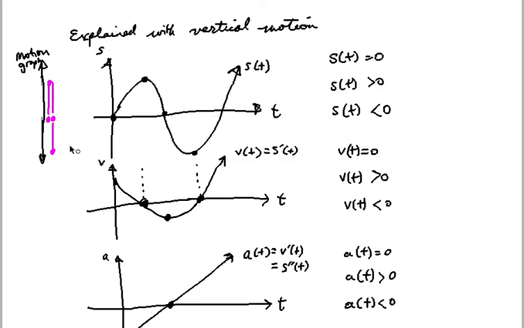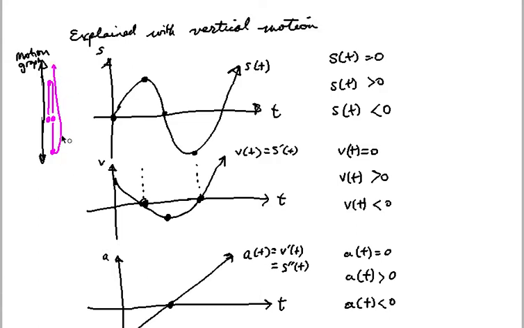And again, you notice that at this point, it's going to start changing directions again. So it's going to start going back up. And so you see that the velocity is 0 again right at this point. And then it starts moving and it just keeps going up this way.